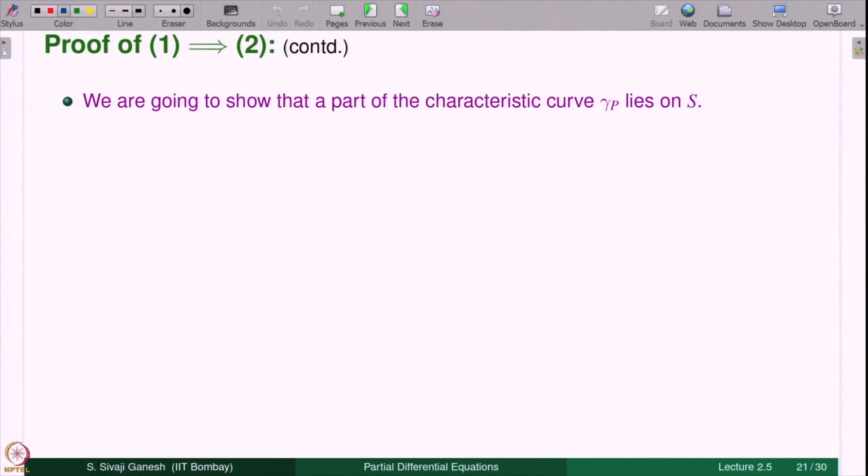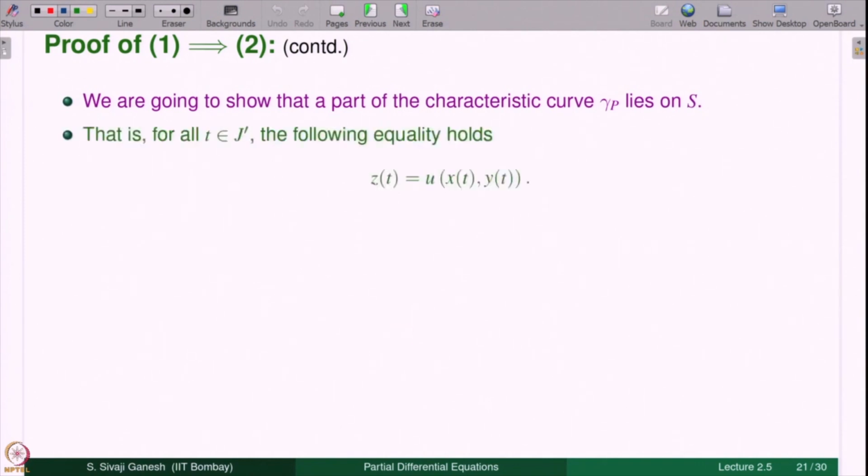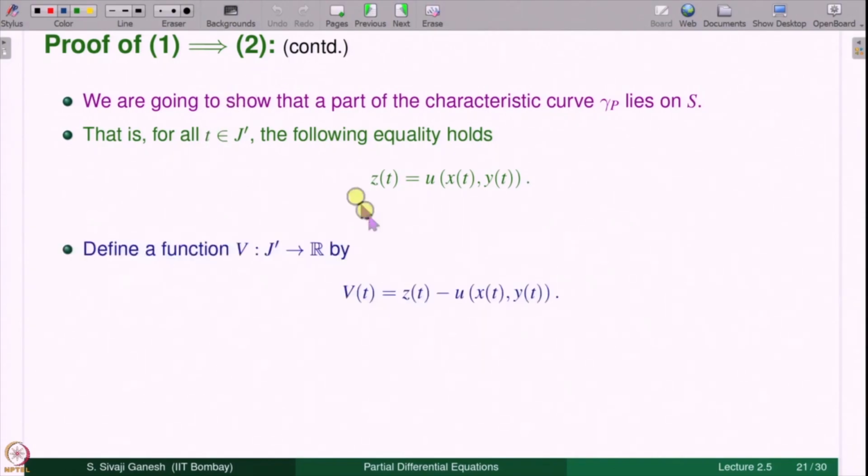Okay. So, we are going to show that a part of the characteristic curve gamma p lies on S, that is z(t) equal to u(x(t), y(t)) holds for t belongs to j dash. Fine. So, define this function v, this very much makes sense for t in j dash, because j dash was chosen such that x(t), y(t) is guaranteed to be in D, which is the domain of u. So, this is a good function, it makes sense.